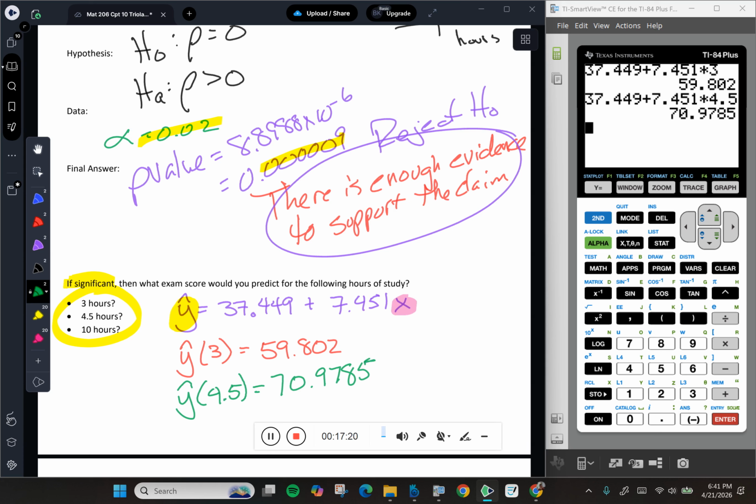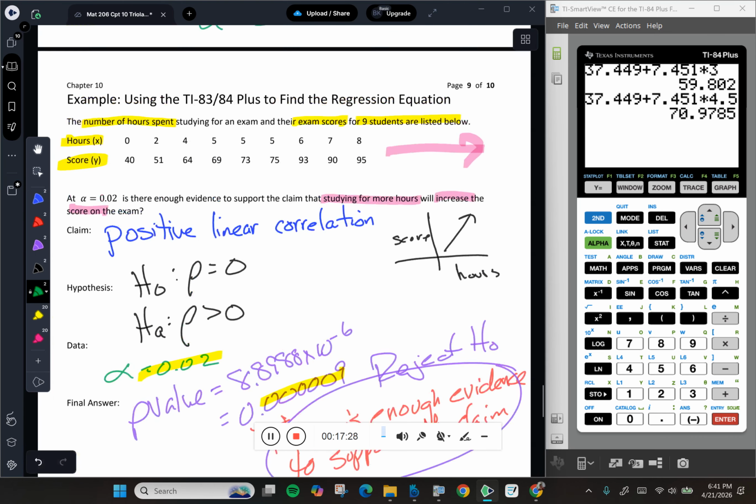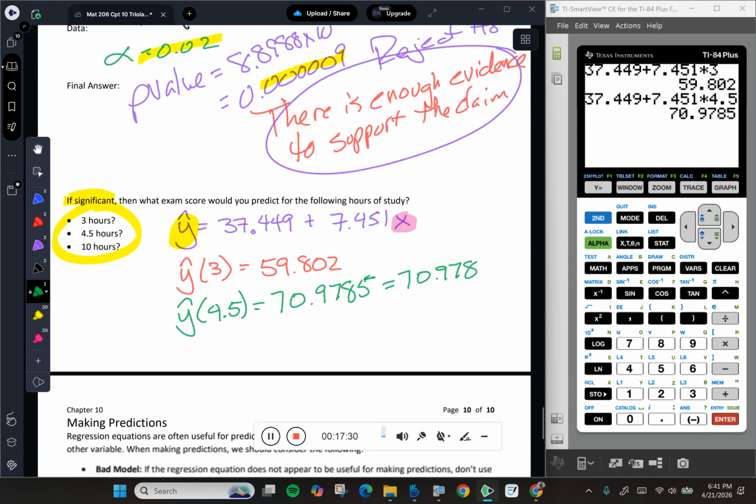Probably to 3 decimal places, since everything else is 3, so maybe 70.979. Or maybe, since all of the data is just to the ones, they would want us to call this one 60, and then maybe we would call this one 71, just wherever they would tell me to round it.